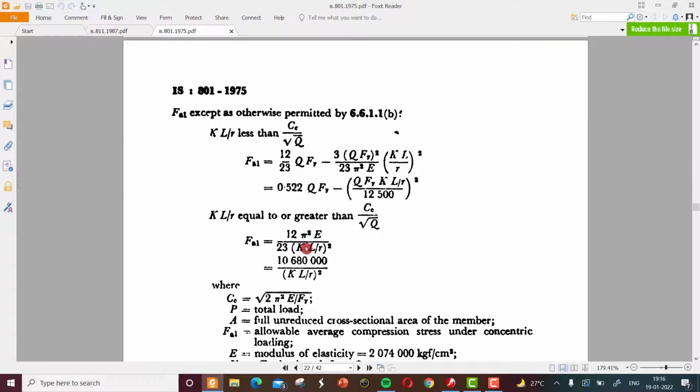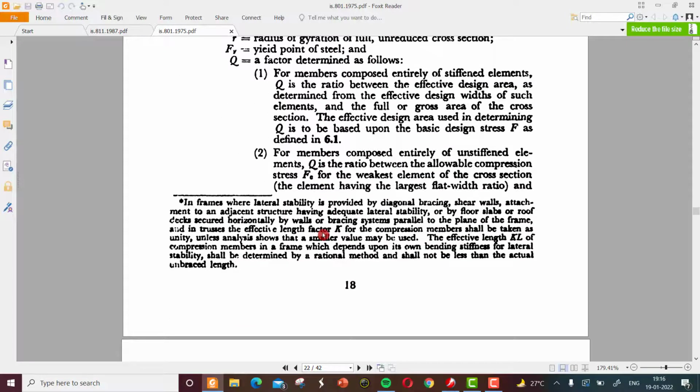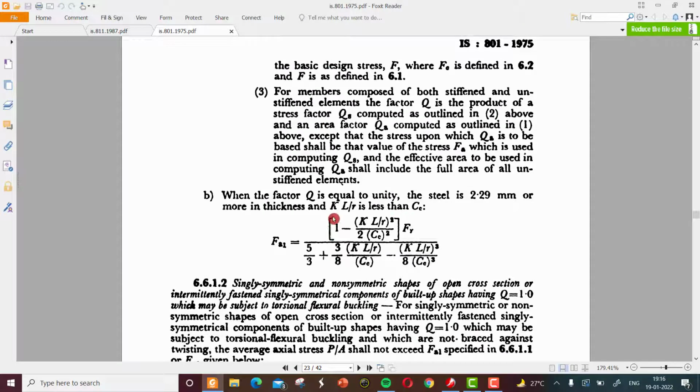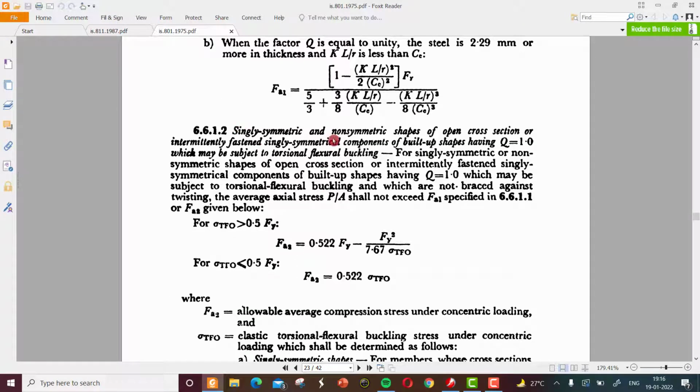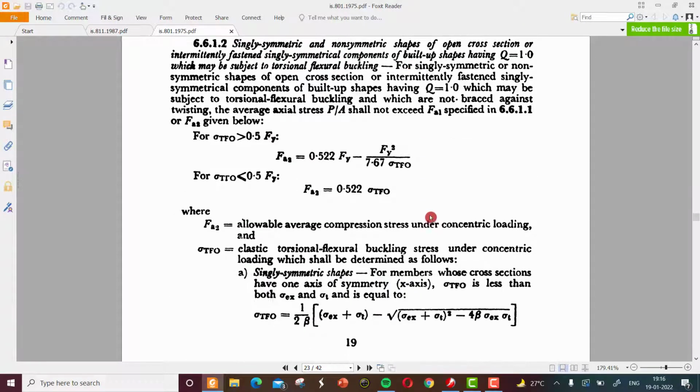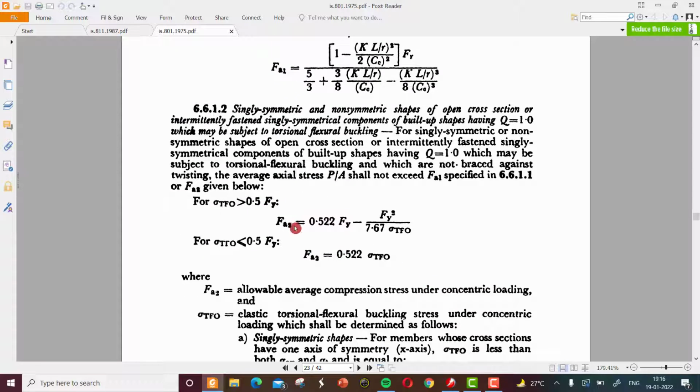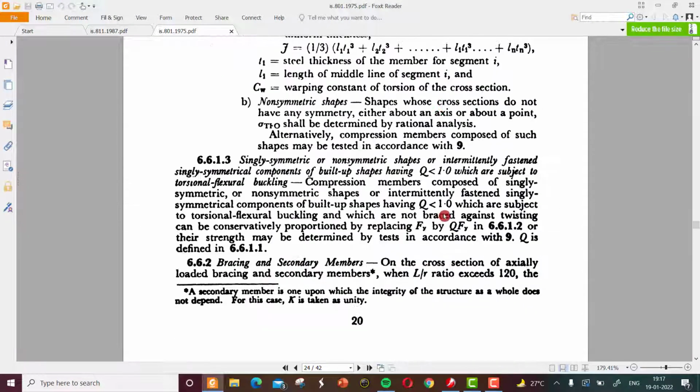There are some set of equations which we'll see while doing the problem to make it clear. For non-symmetric or singly symmetric sections, there are some additional criteria because of the torsional buckling which will occur in the non-symmetric or singly symmetric sections.